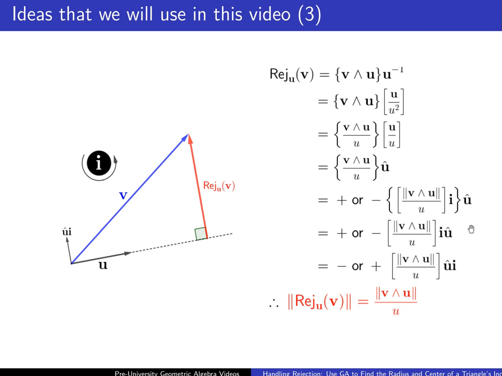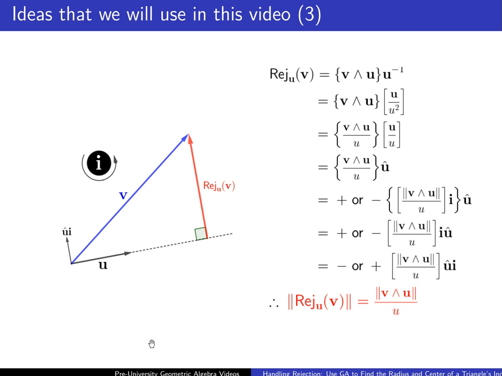Geometric algebra is an associative algebra, so instead of associating I with the scalar, we'll associate I with the vector here. And we'll reverse the order here. If we reverse the order of this product I times u, we change the sign. So where we had plus or minus, now we have minus or plus. So the rejection of v here will be this scalar times u hat I. So we can see that the rejection and u hat I are in the same direction.